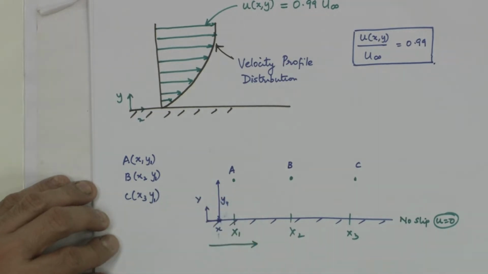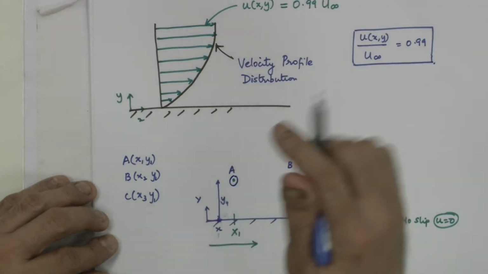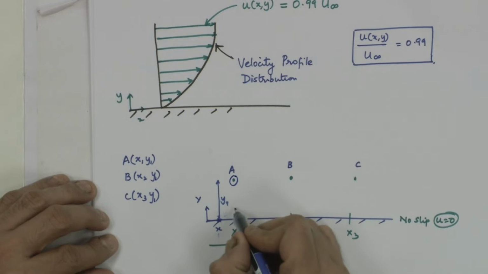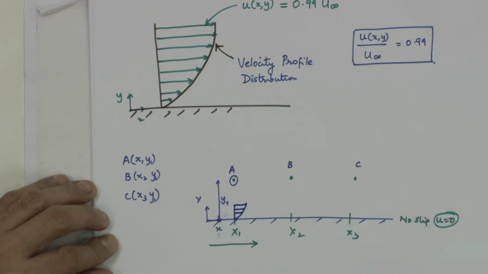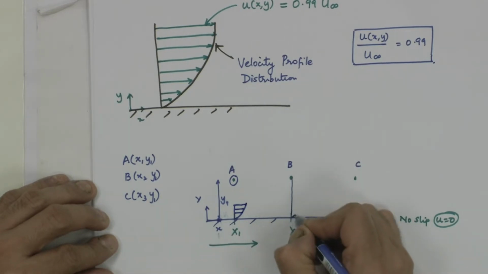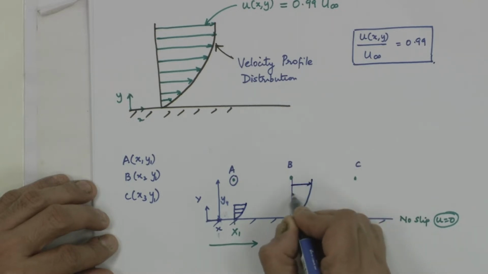What is happening? This particle may not even know that there is a boundary layer, there is a solid plate, because the velocity has reached 99% of the free stream velocity here. This particle also may just escape, because the free stream velocity has reached 99% here.